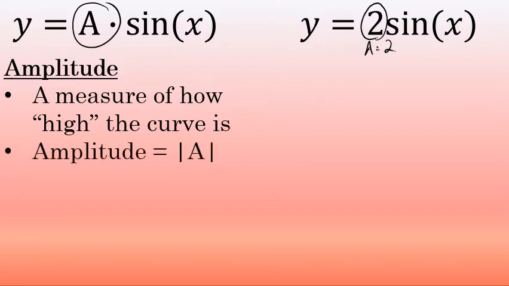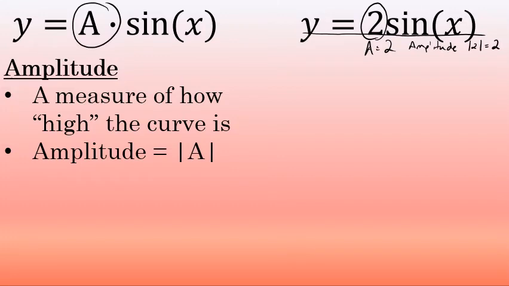We can find a numerical value for the amplitude by taking the absolute value of that number that's multiplied in the front of the sine, the absolute value of a. In the equation we're looking at, y equals 2 times the sine of x, the amplitude of this curve will be the absolute value of 2, which of course is just 2.